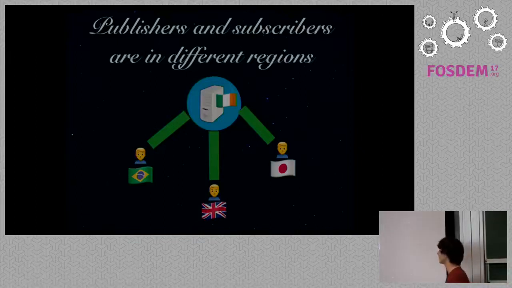For the users in Japan and Brazil, it's going to introduce a lot of latency to connect directly to the server in Ireland. You are maybe familiar or not with the concept of CDN, Content Delivery Network.